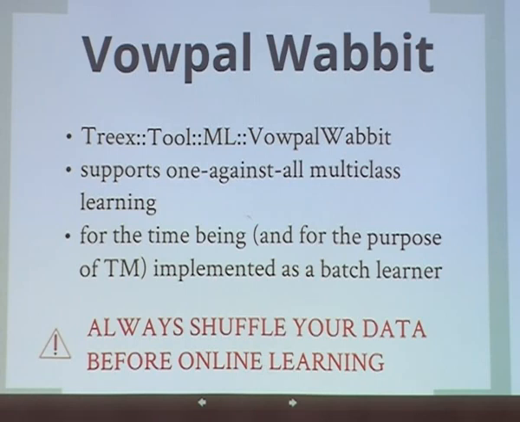It's because when I collect instances for a lemma, I don't know how many translations or Czech translation classes it would have. I first have to collect all the instances, then I know how many classes there are, and then I can initialize Vowpal Wabbit with the number of classes.